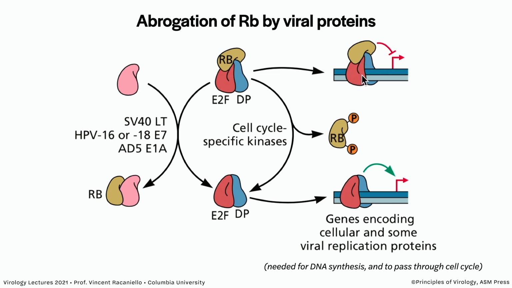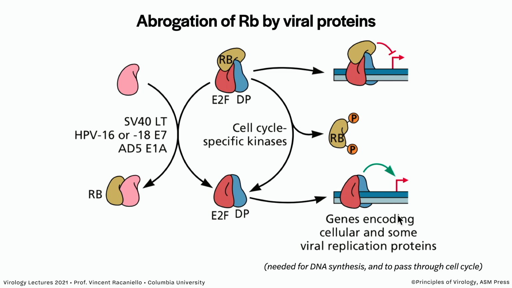And those promoters, by the way, control genes that are needed for cell division and DNA synthesis. So the cell control is mediated by RB sitting on these promoters, and that's how it works as a checkpoint. So again, these are genes encoding replication proteins of the cell that allow the cell to synthesize DNA and to divide, go through mitosis.